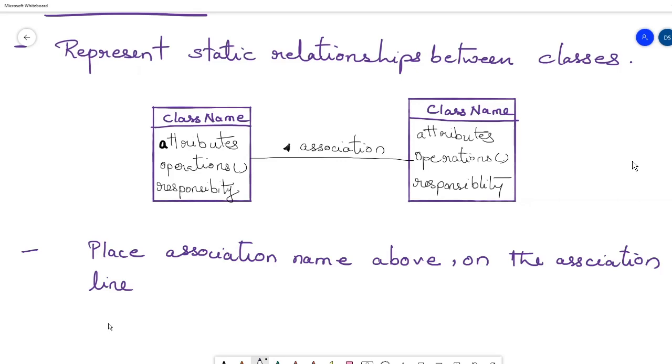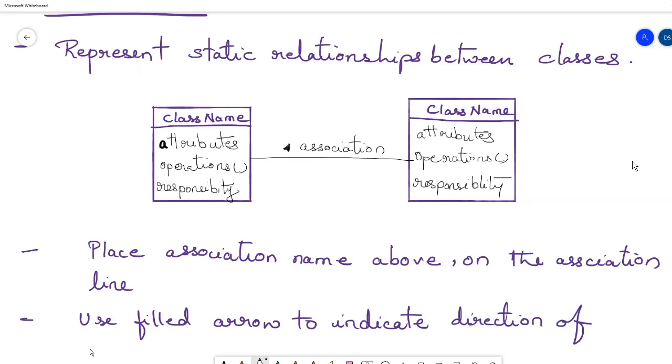And we always use a filled arrow to indicate the direction of the relationship.